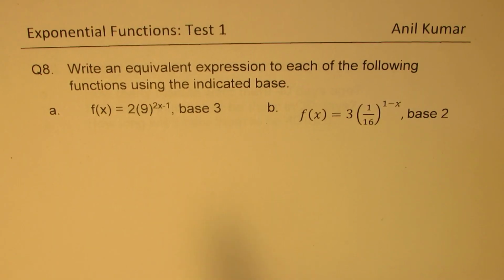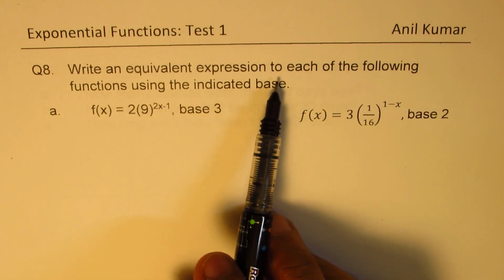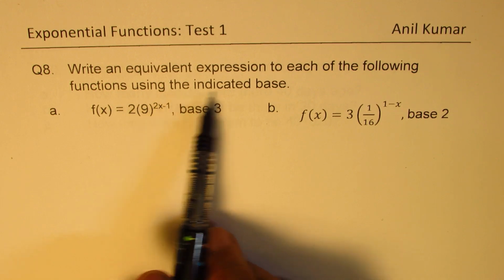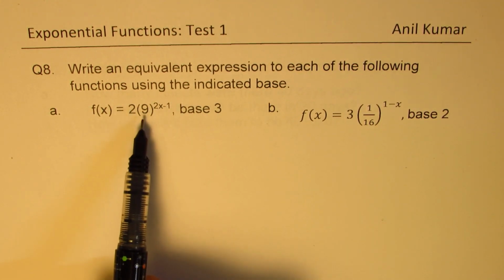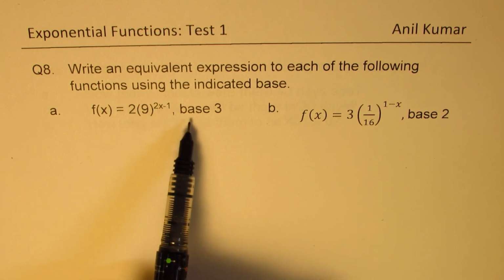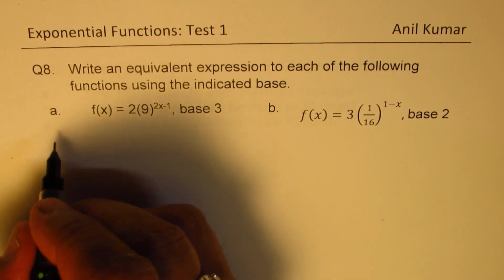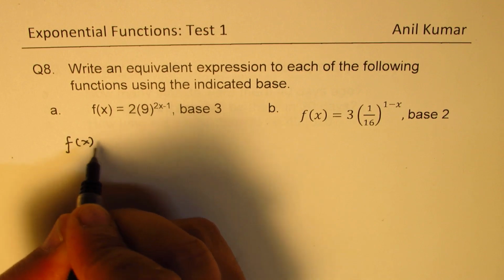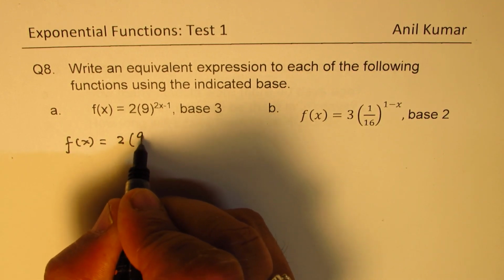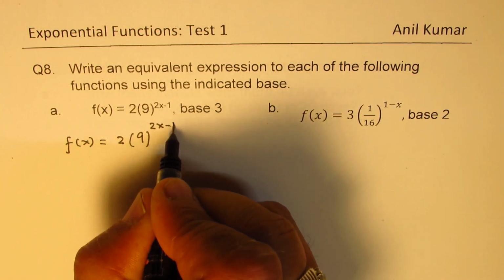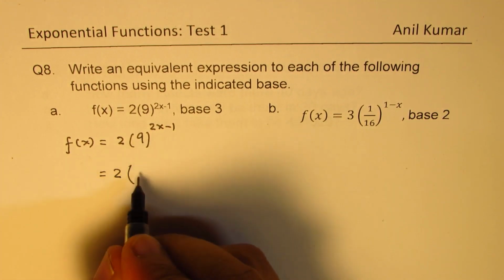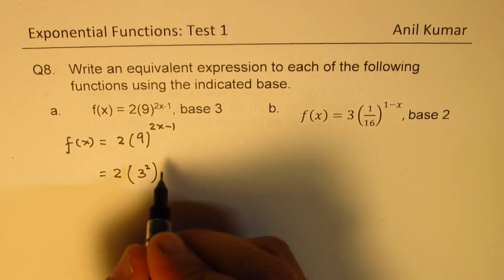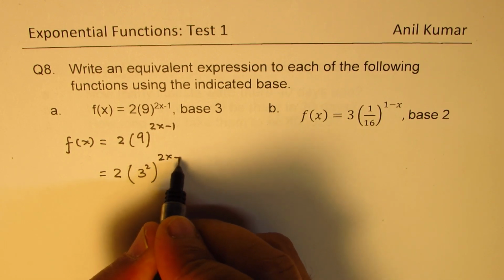Question number 8 is, write an equivalent expression to each of the following functions using the indicated base. So f of x equals 2 times 9 to the power of 2x minus 1. We have to change the base to 3. Since 9 is 3 squared, we get 2 times 3 squared to the power of 2x minus 1.